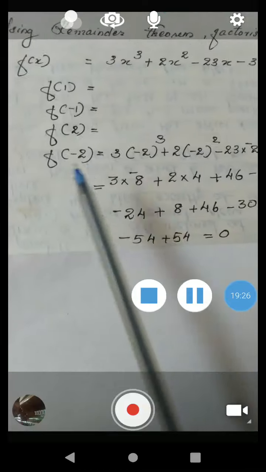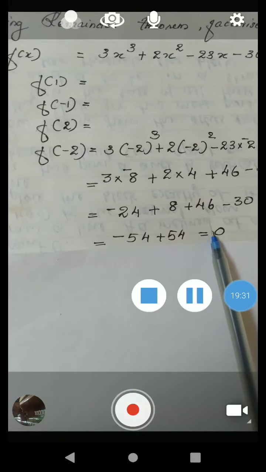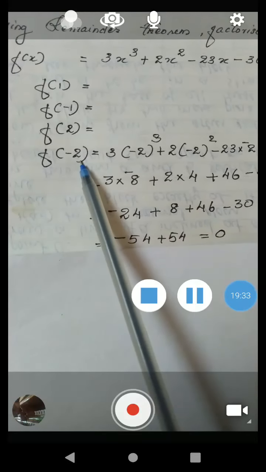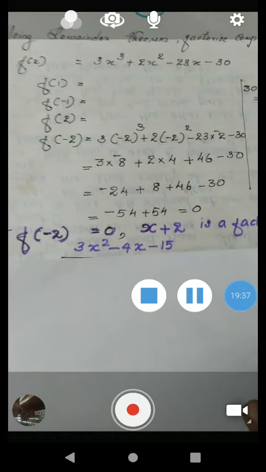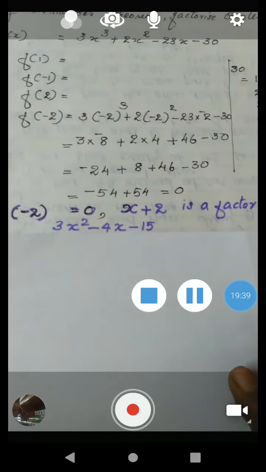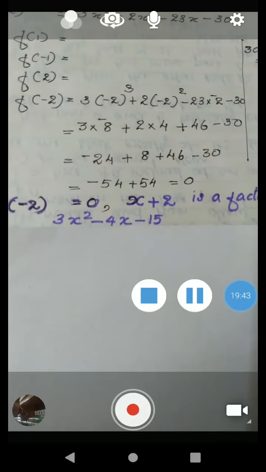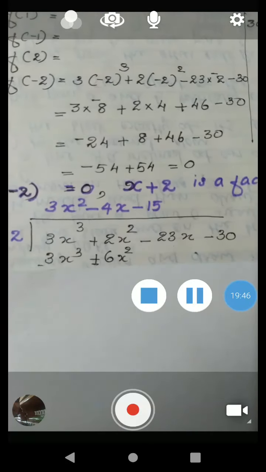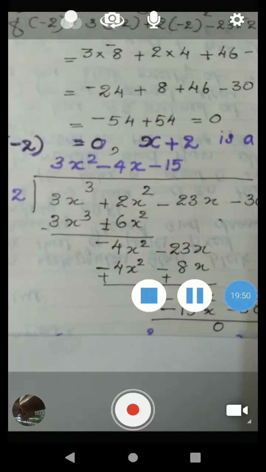Since f of minus 2 is equal to 0, we can say that x plus 2 is a factor of this expression. Now divide the given expression by x plus 2. You will get one more expression.